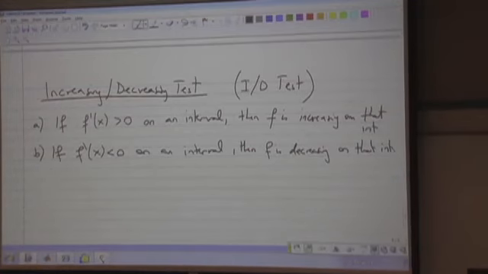Is this making sense? How do we prove this, by the way? I won't show you the proof, you can read it if you want. The only thing I should point out is that in order to prove this, we have to use the mean value theorem, which is one of the reasons why we spent the time talking about it, because pretty much every single thing that we're going to do in this particular section will be proved using the mean value theorem.